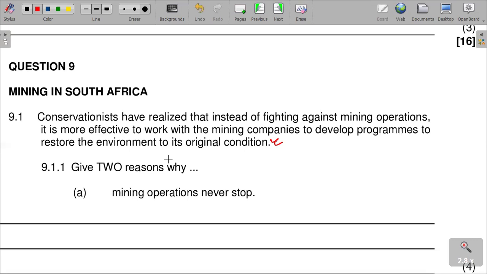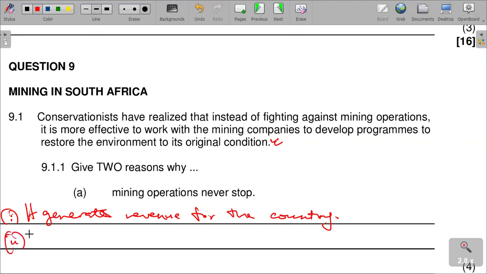One, mining generates revenue for the country. That is one very important thing. Also, it creates employment for the people.